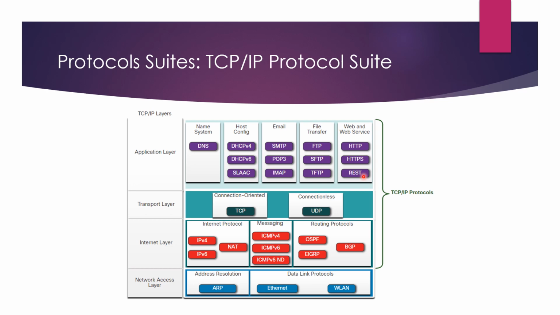And if we go to the other layer, the transport layer, we have the connection-oriented protocol, the Transmission Control Protocol, which enables reliable communication between processes running on separate hosts and provides reliably acknowledged transmission that confirms successful delivery.